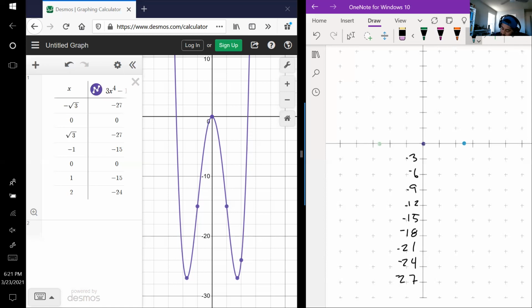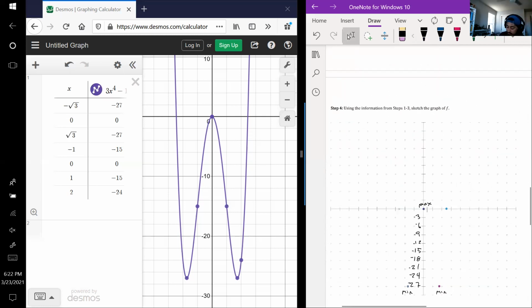Okay. So negative square root of 3 was -1.73, so that point's going to be probably down here. And then square root of 3 was 1.73, I'm going to put that there. So there's my max and minimums. Let me label that. These are my minimums, and this is my max. Okay.